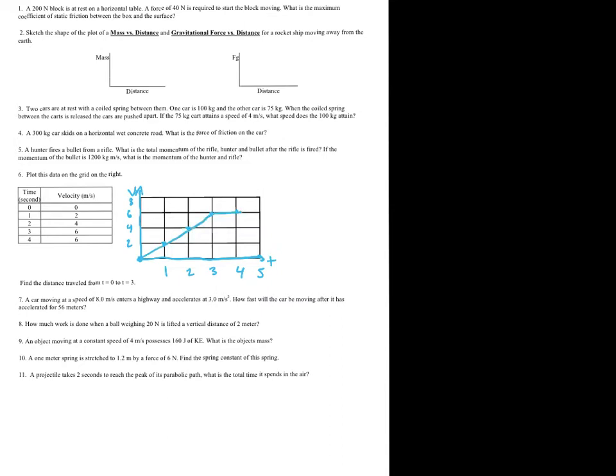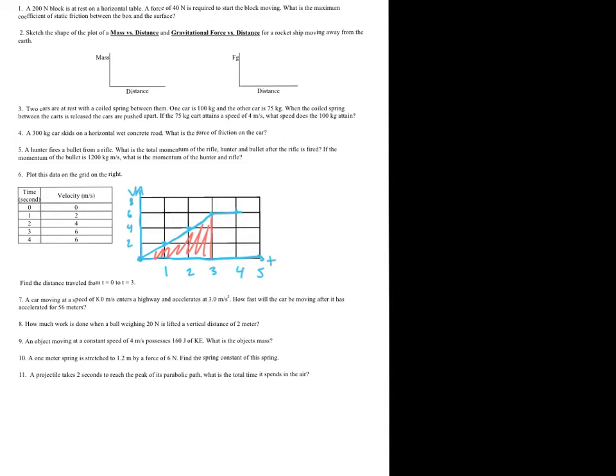So here we're looking for the distance traveled from t equals 0 to t equals 3. When given a velocity versus time graph, you need to find the area under the curve. Or you could use this graph to pick out the values and use kinematics. So I'm going to show you the graphing method.